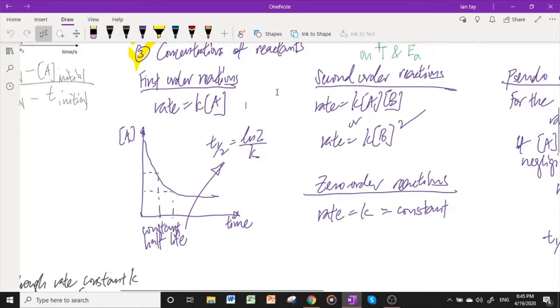One thing that is special about a first order reaction is that when you plot the graph of that reactant against time, we observe that the reactant has a constant half-life.